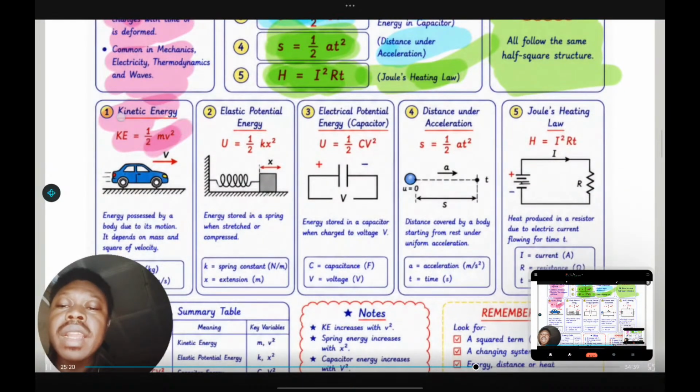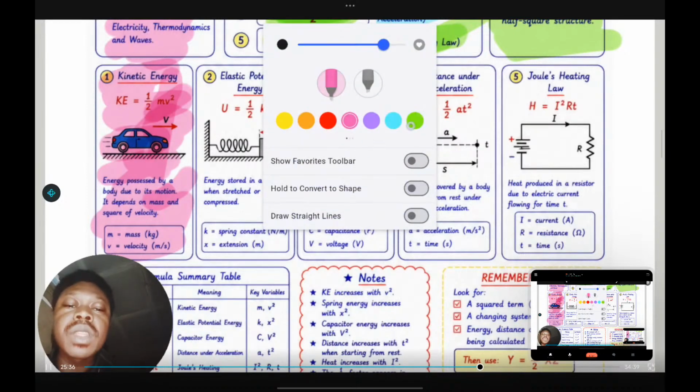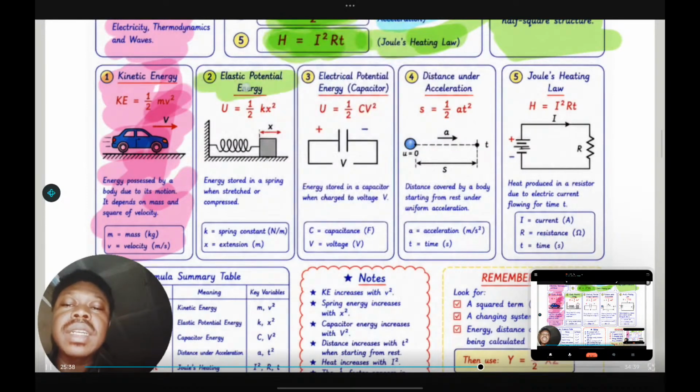So you can see for kinetic energy, you have this car moving with velocity here. Energy possessed by a body due to motion. It depends on mass and the square of velocity. Then for this second one, elastic potential energy equals half kx squared.